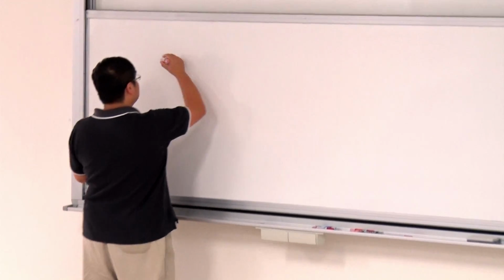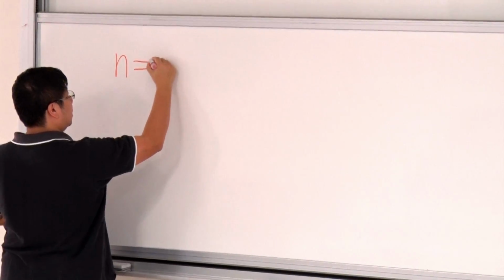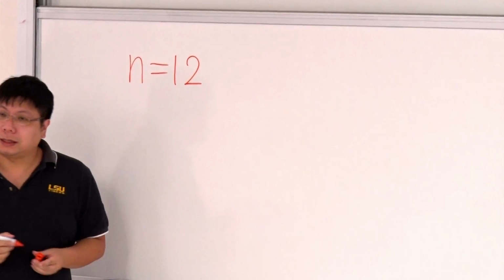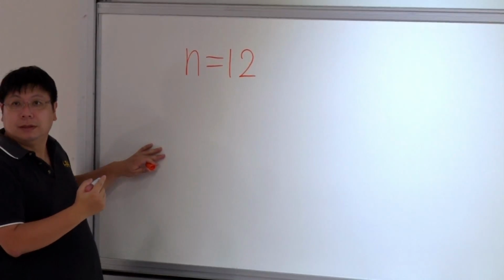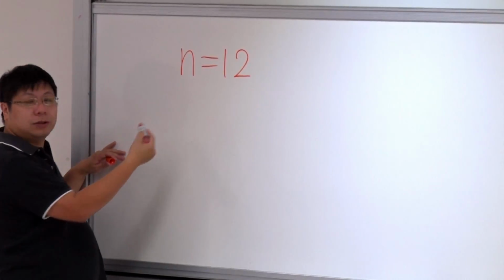So let's try n equal to 12. So what are the divisors of 12? Which numbers can divide 12?